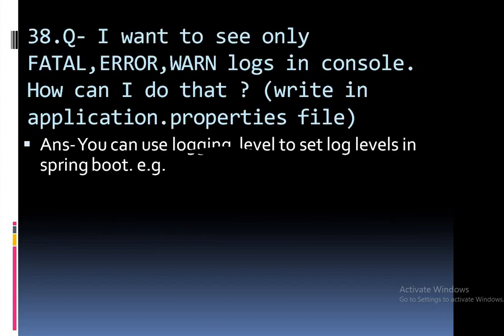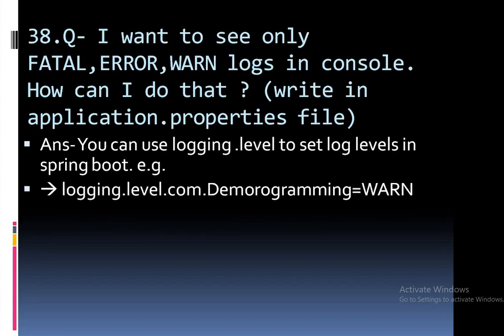I want to see only fatal, error, warn logs in the console. How can I do that? To see these, first we need to add logging.level to set log levels in Spring Boot.